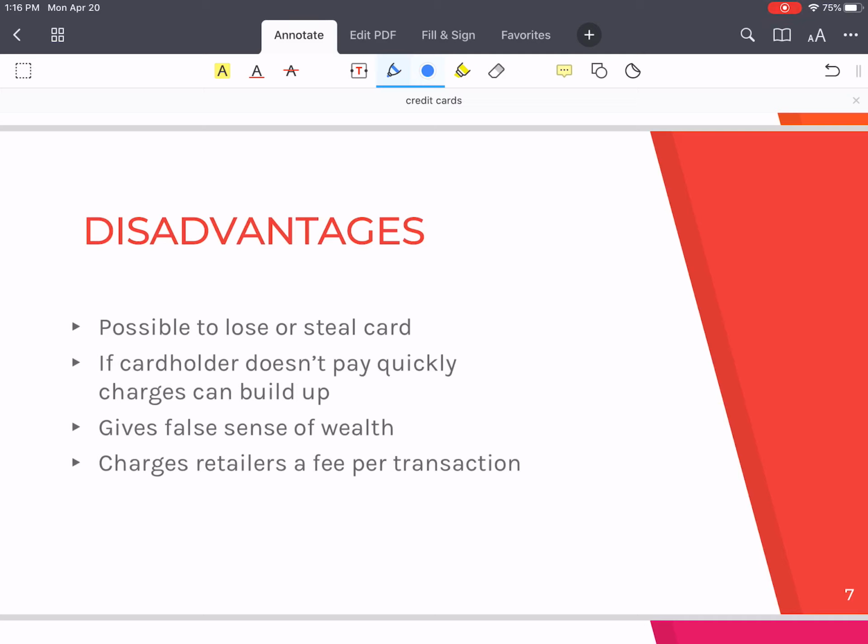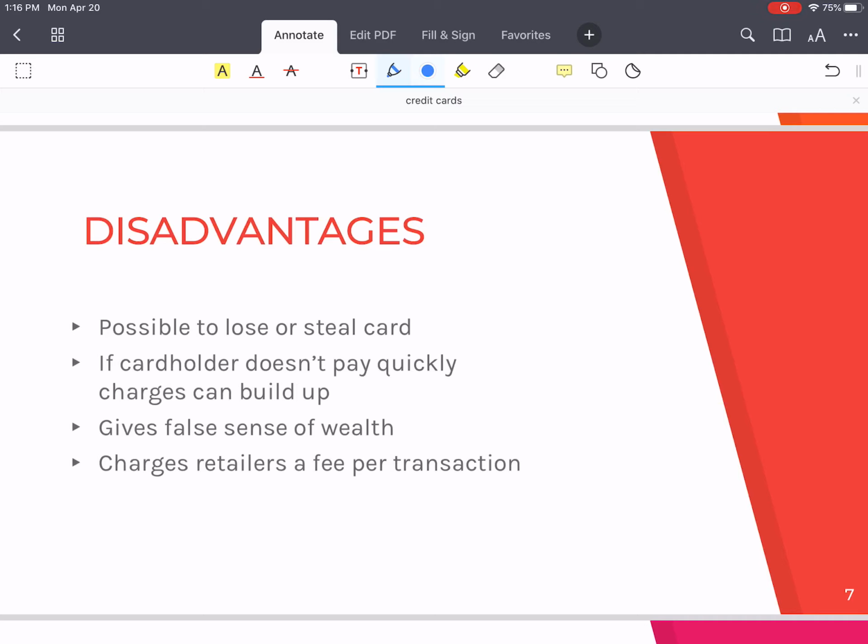Another huge disadvantage is interest, right? If you are not checking your account balance and you're just putting money on your card, then the interest rate, especially, again, 20%, after a while, that's really going to start adding up. Credit cards are also a downfall for a lot of people because they give you a false sense of wealth, right?